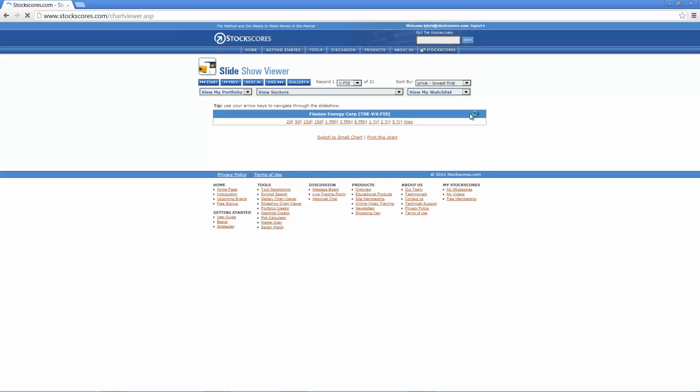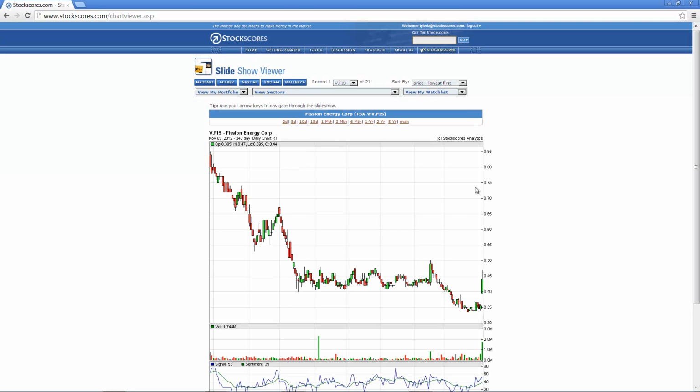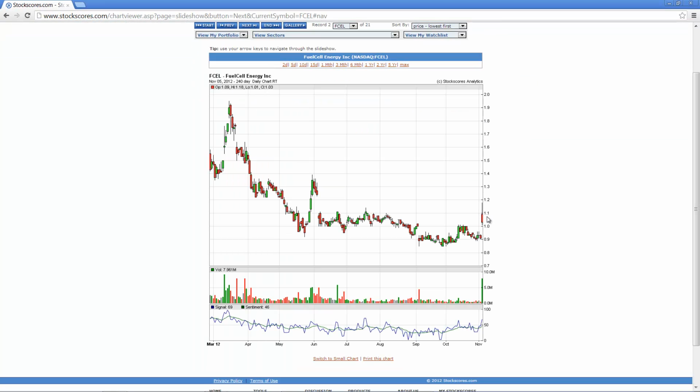Slideshow is one chart at a time. So there you can see a stock that made an abnormal gain today with strong volume from low volatility. By low volatility, I mean it was in a relatively narrow sideways trading range. I could go on to the next one, and again, there I see a big abnormal price jump, abnormal volume, low, boring, sideways trading. So the market scan did its job.